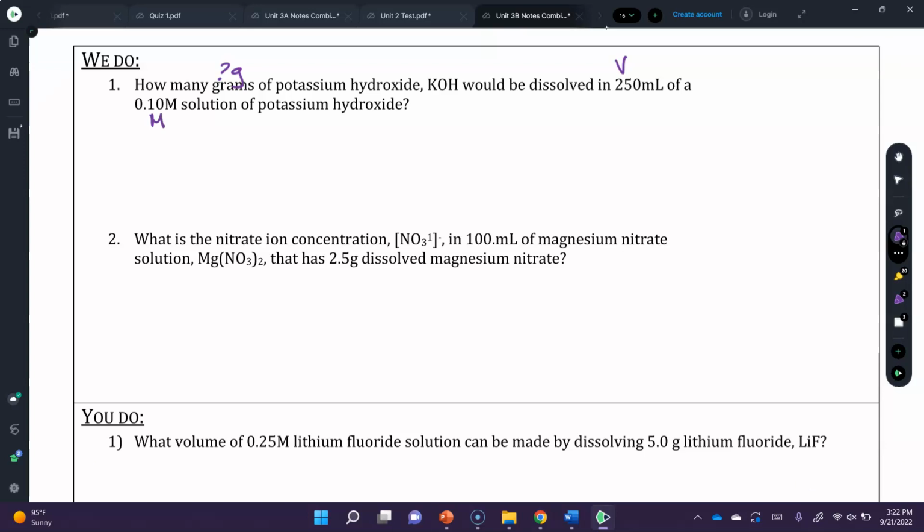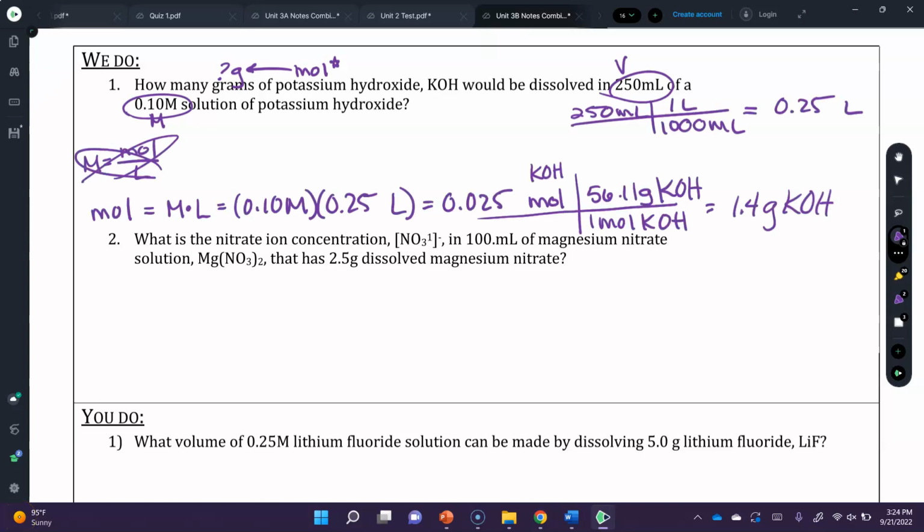So to get to grams, we first have to get to moles, and then we can go to grams. So using the 2 given values, figure out how many moles, and then convert it to grams for potassium hydroxide. Please pause the video and complete this now.